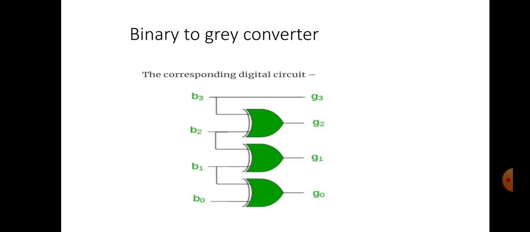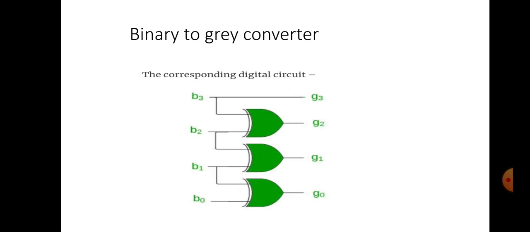So here again we will revise the procedure. First step is to draw the truth table for binary to gray converter. You can take the inputs 4 bits from 0 to 15. After that, the second step was to draw the K map from the truth table. So we will draw the 4 K maps as we have 4 outputs G0, G1, G2 and G3.